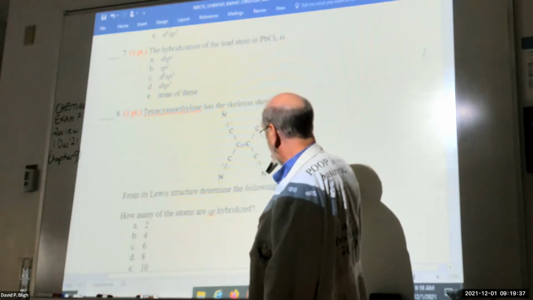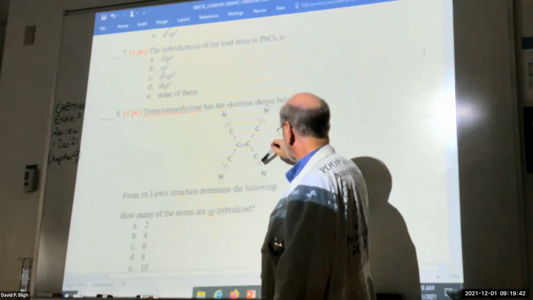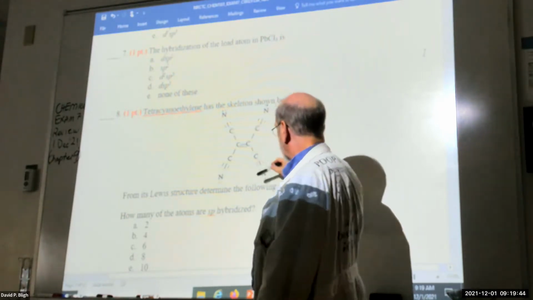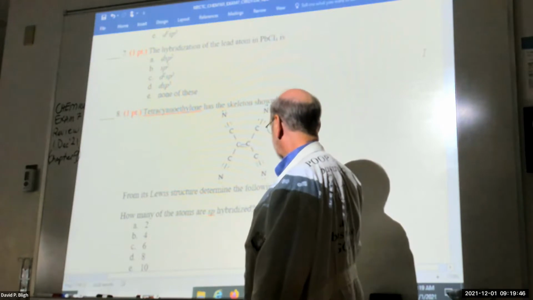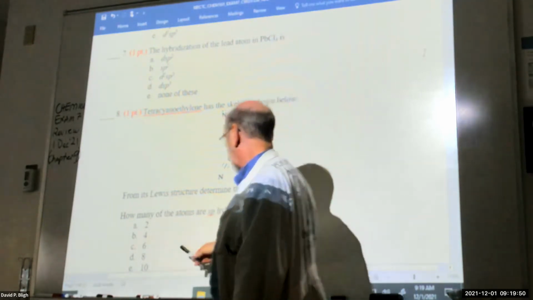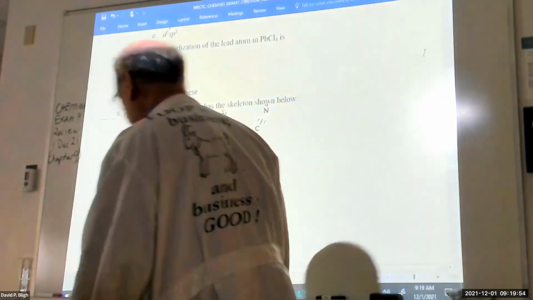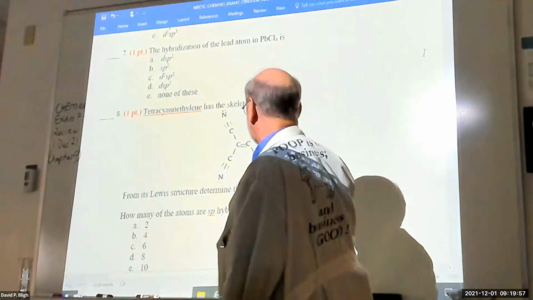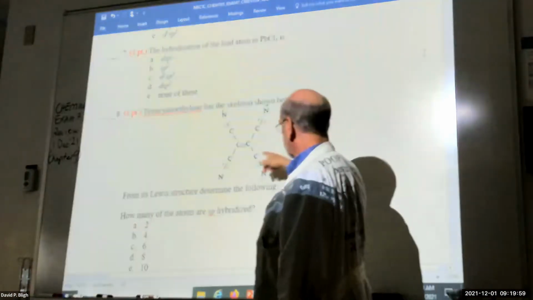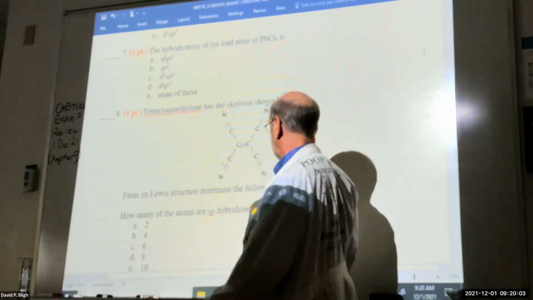Okay, so this carbon and that nitrogen are both sp hybridized. 1, 2. So that's 2, 4, 6, 8. So it looks like we've got 8 atoms with sp hybridization. Yeah, 8. And of course, these 2 would be sp2 hybridized. And that covers everybody.